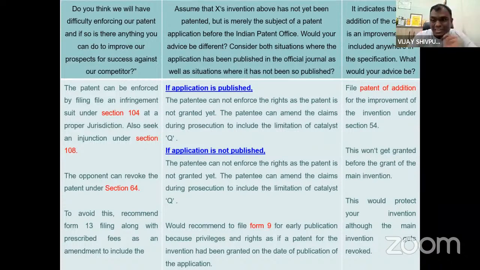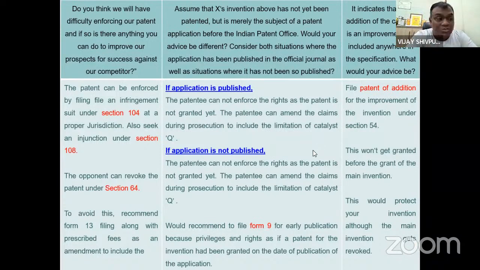Okay, 3 parts, 6 things to be mentioned here, and full 10 marks. But I'll tell you what, in 2022, after 12 years, this question is something I discussed today with 2 or 3 patent agents. Everyone on the first go mentioned that the product is infringing.